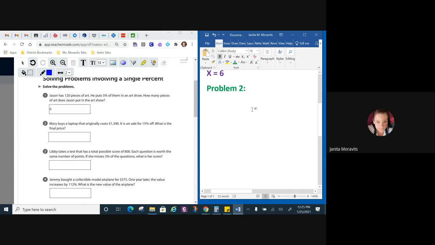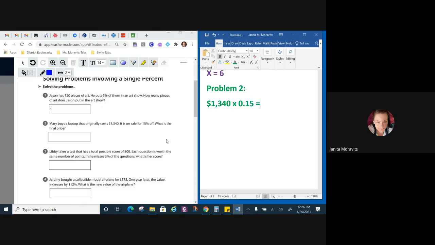You can say $1,340, and you want to find out what 15% of that is. So that means that you would multiply it times 0.15, because 15% changes to 0.15.